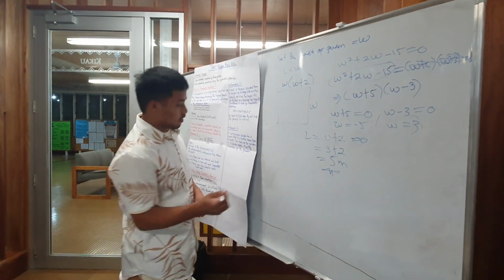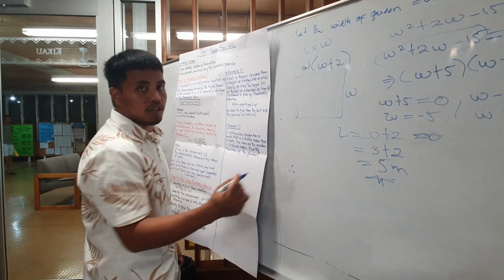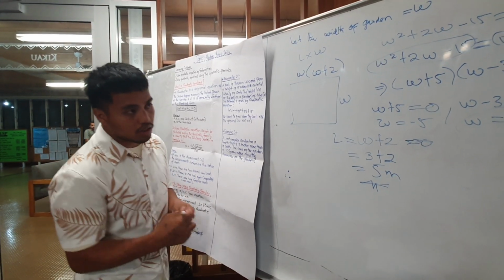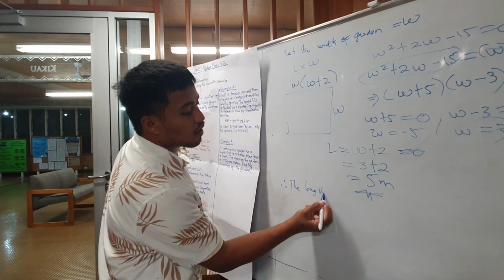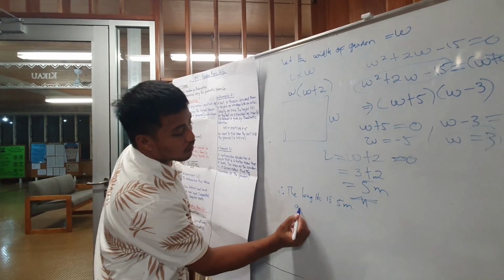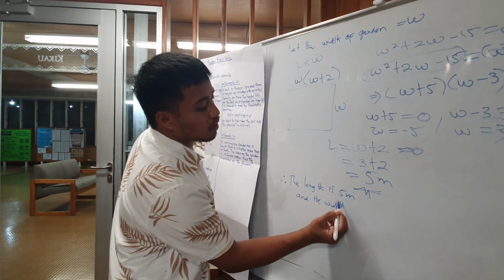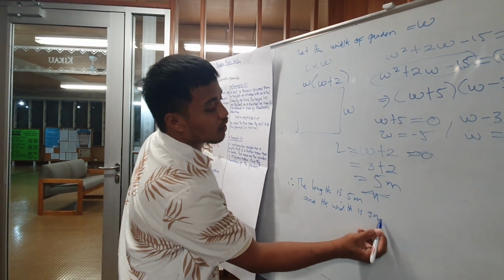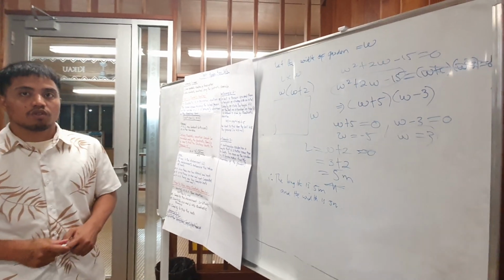So you have the dimensions of the garden, the width and the length. The length of the garden is 5 meters and the width is 3 meters. So that is the answer to this example.